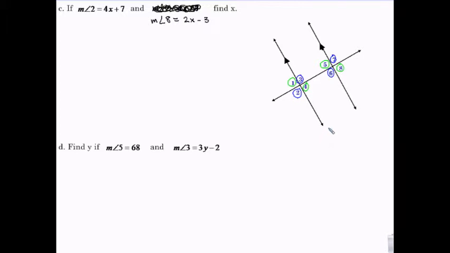For this problem, plus or equal? Plus. And it will equal 180. So I'm going to do 4x plus 7 plus 2x minus 3 to equal 180. Okay. The next thing, collect like terms on the same side.